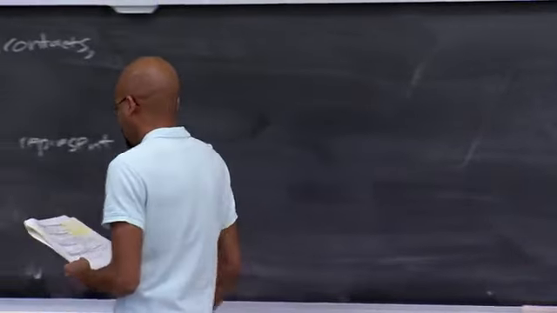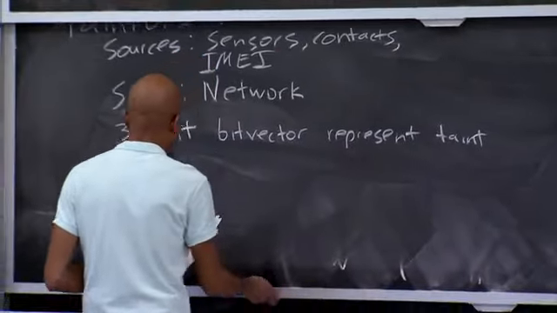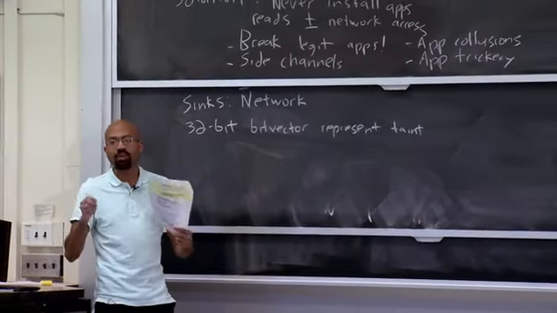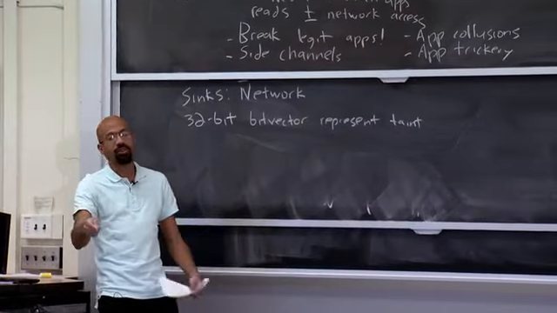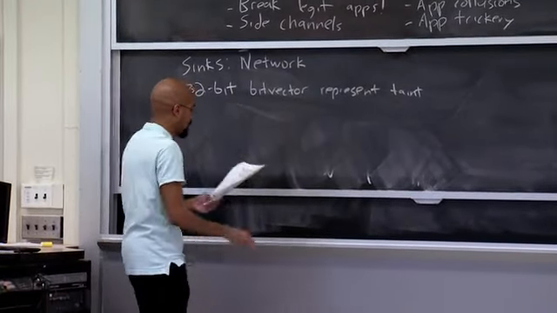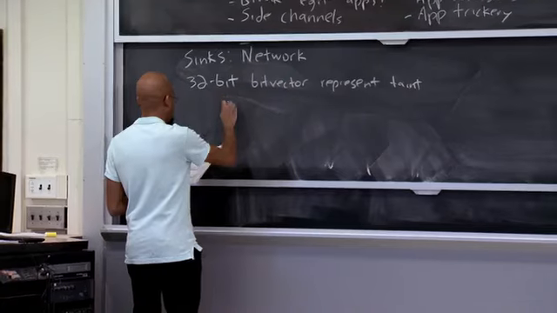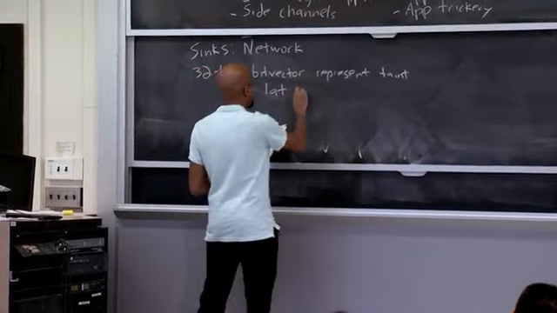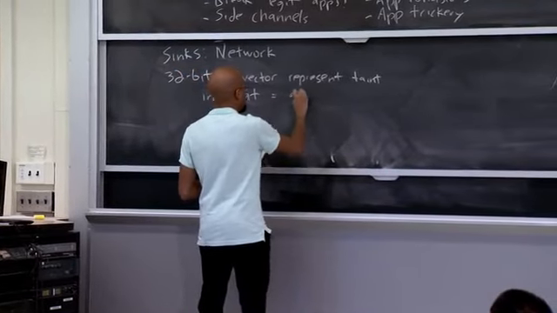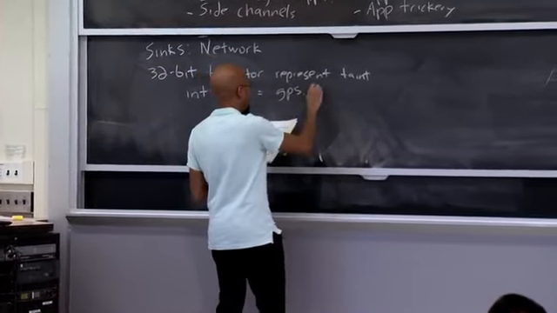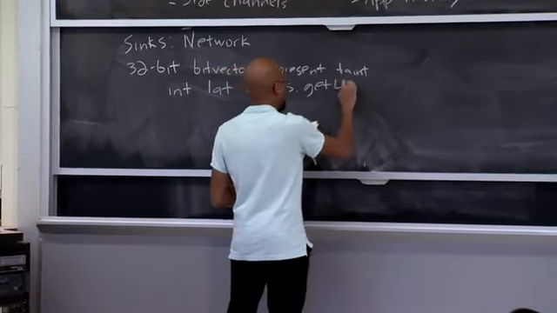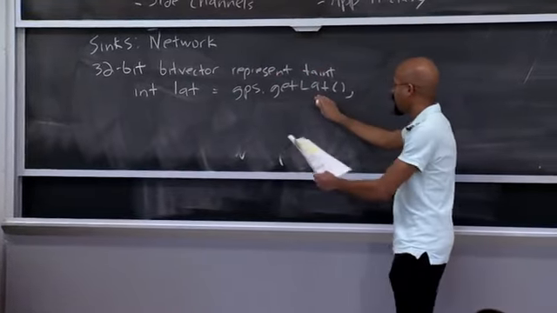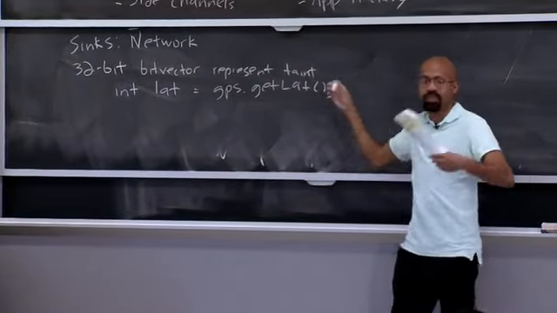Okay, so roughly speaking, when you look at the way that a taint flows through the system, at a high level, it basically goes from the right-hand side of statements to the left-hand side. As a very simple example, say you declare an integer variable that's going to get your latitude, and then you call GPS.getLatitude. This generates a value that has some taint associated with it.